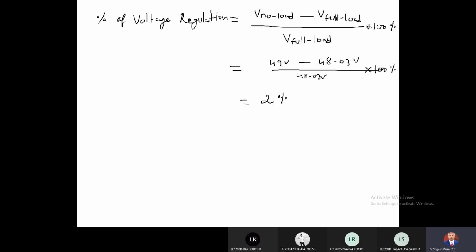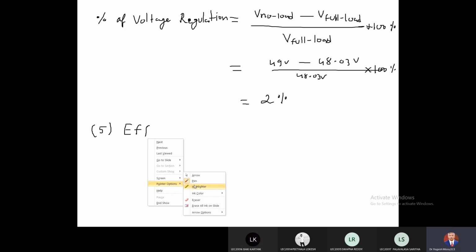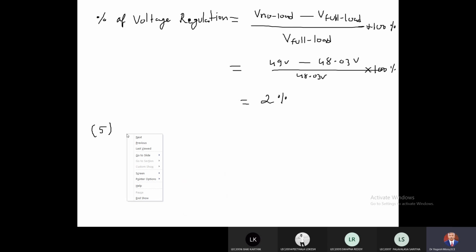Then the fifth part, if you want to calculate the efficiency. Efficiency we have already calculated. It is 41 point something. The ripple factor we have already calculated directly.